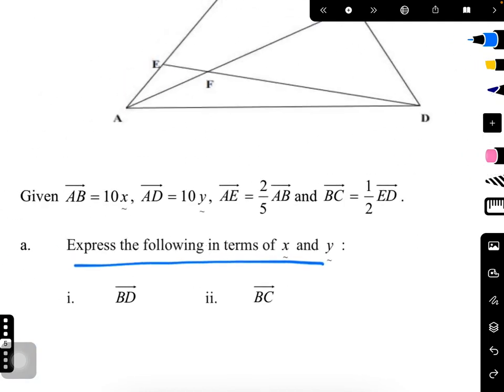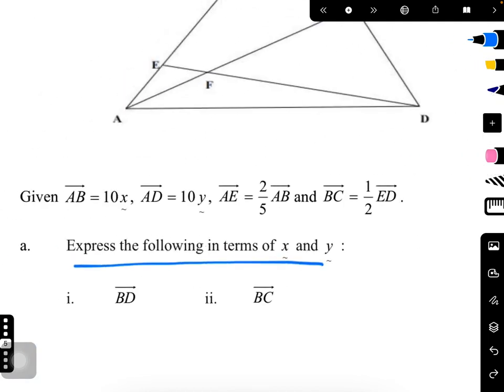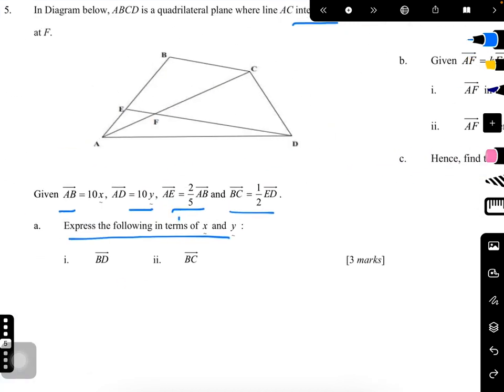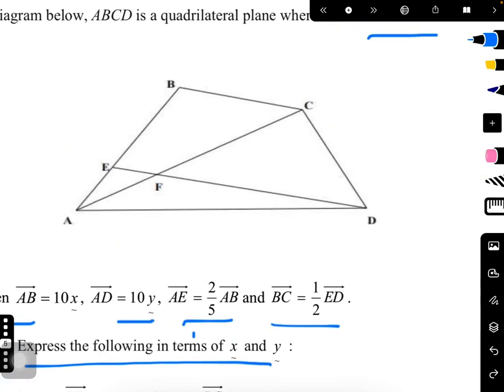So we need to use the values that are given. It is AB and AD, and this and this. So what is BD? Oh, it's quite long, right?